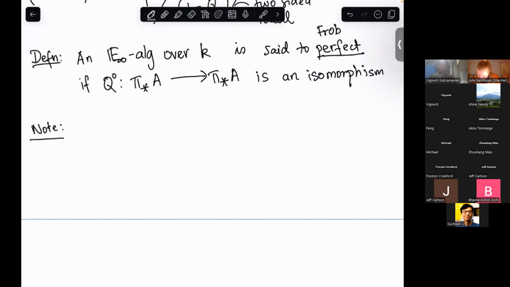In classical algebra, if you have an F2 algebra, then the operation x going to x squared, the Frobenius map, if it is an isomorphism, you're going to call your algebra perfect. And this is motivated by this. The assumption on K for now is that it's a characteristic 2 field.